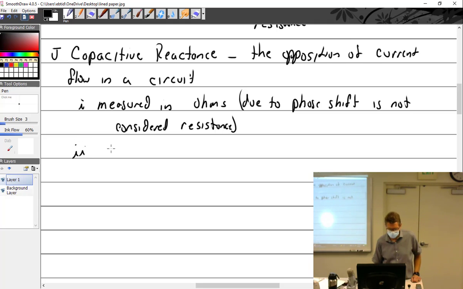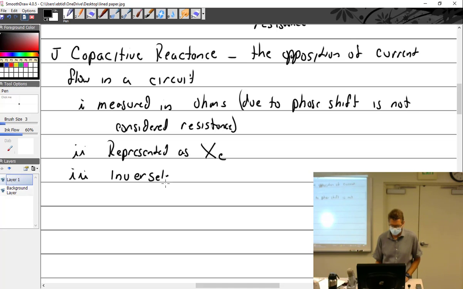It is represented as X of C. It is inversely proportional to capacitance and frequency.